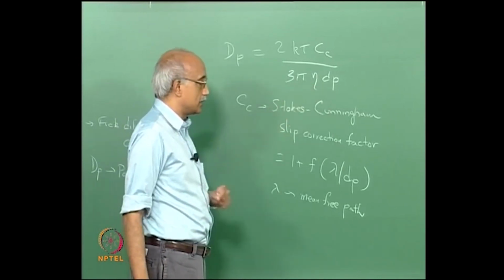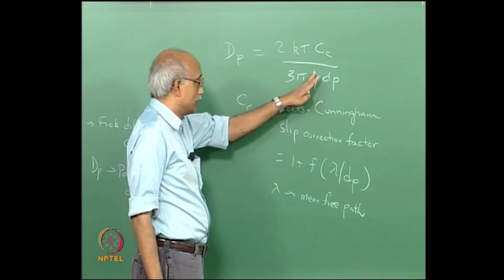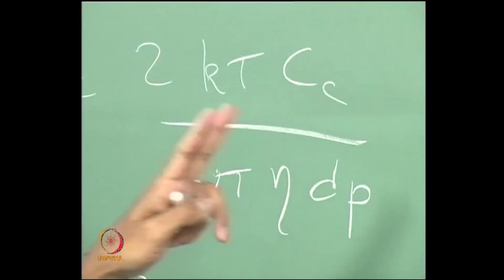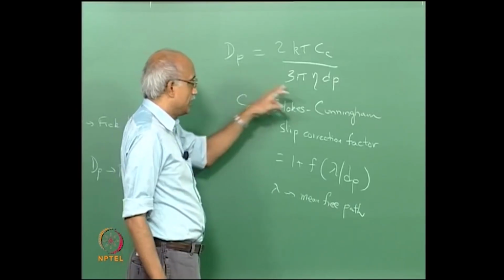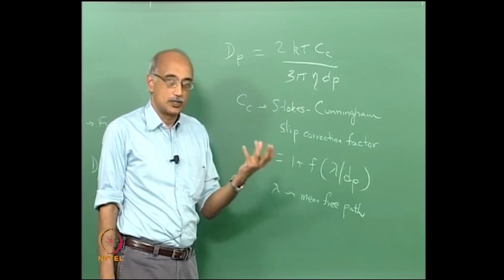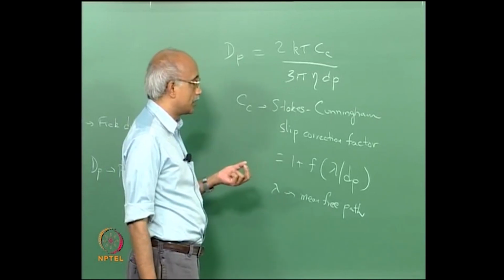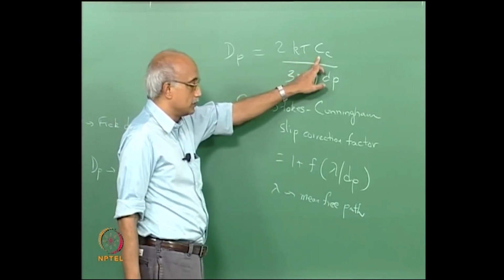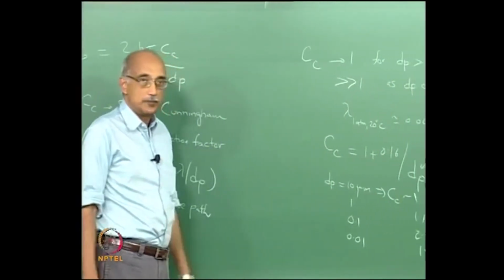The particle diameter is also in the denominator. However, when Cc values are small, or when particle diameters are large, there is only a 1 over dp relationship between the Brownian diffusivity and particle diameter. But as the particle size becomes smaller and smaller, the Cc value essentially becomes proportional to 1 over dp.